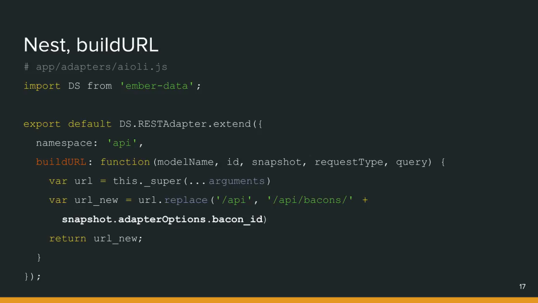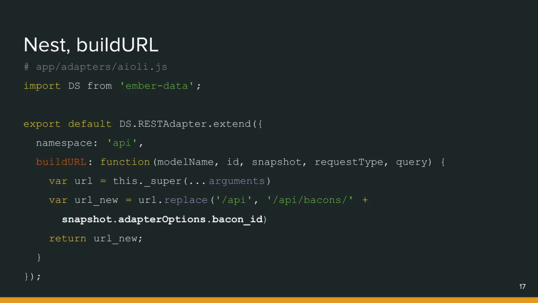Then in the adapter, I'm saying, give me whatever buildURL is giving me so I don't have to overload the individual methods because there are 11 of them and I didn't really want to do that. I then replace API, because I told it my namespace was API, with API/bacons and the path parameter that I'm passing through adapter options. It's really hacky, it's really nasty, but it works.